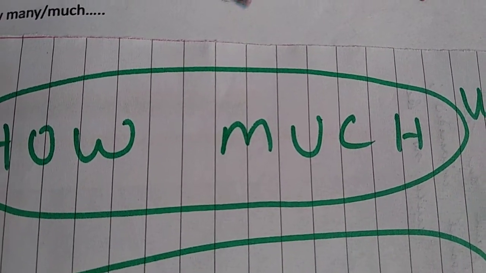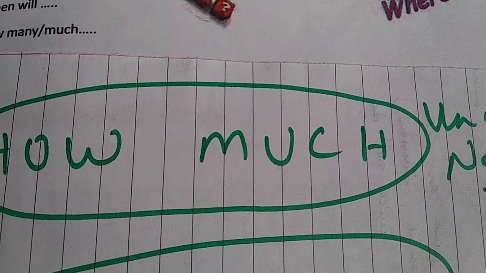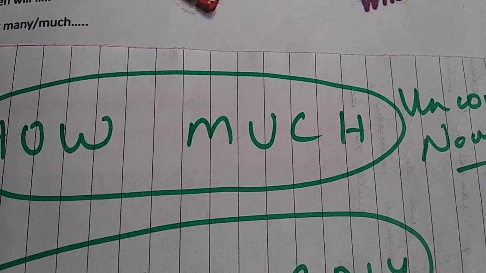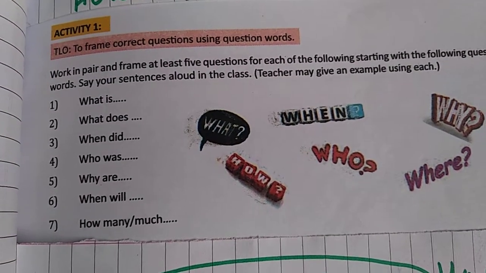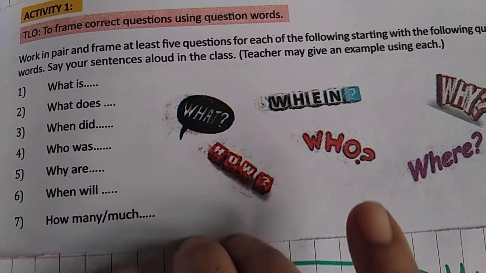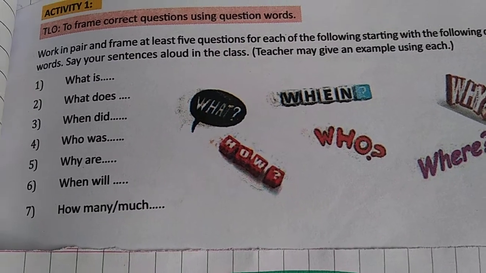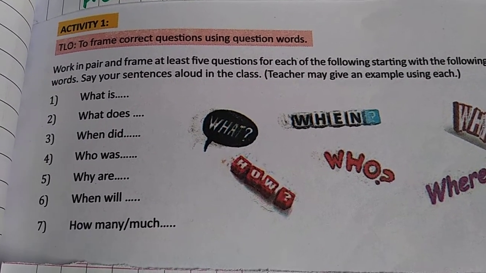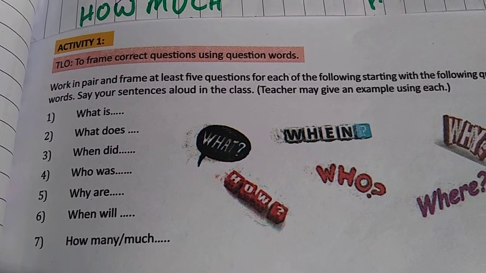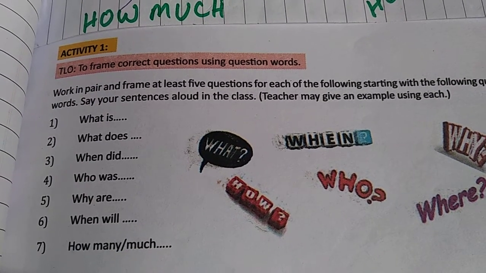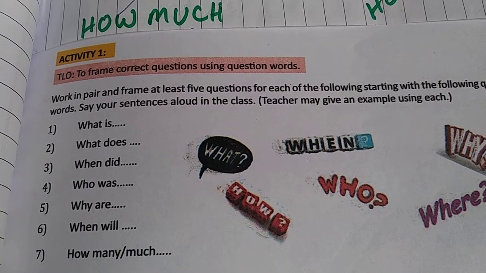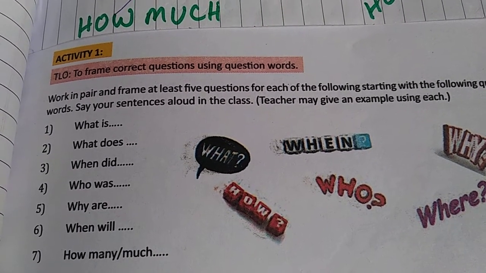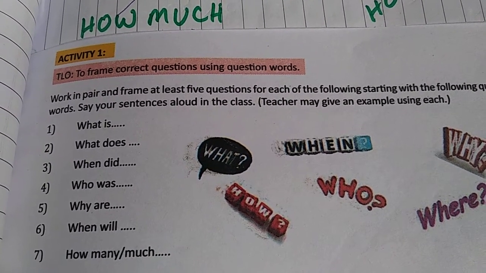So children, I have given you some examples. And now here, there are 7: 1, 2, 3, 4, 5, 6, 7. There are 2 cases with what: what is, what does, when did, who was, why are, when will, how much, and how many.